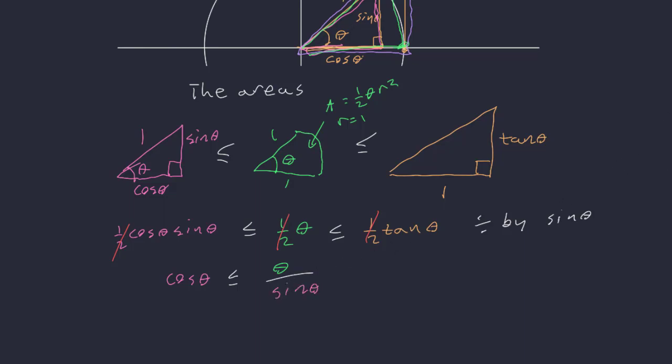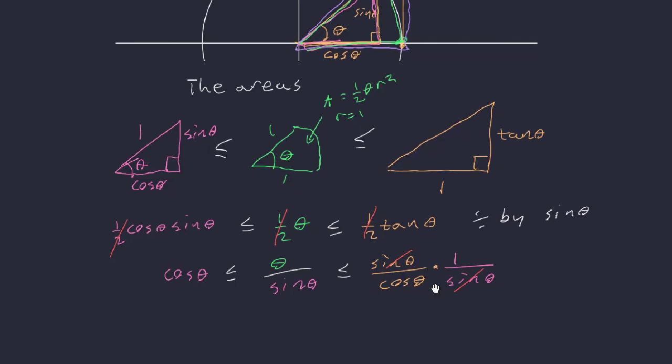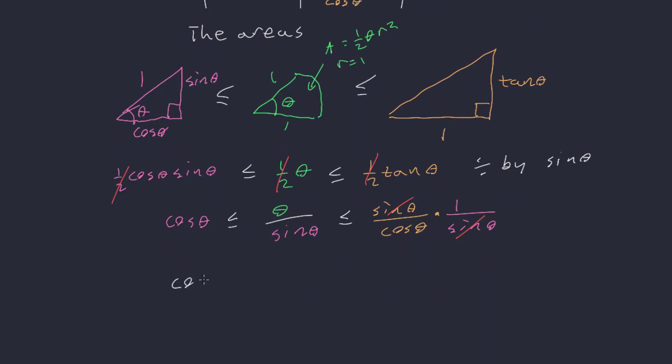And then here, tangent I'm going to rewrite as sine over cosine, so that when we divide by the sine, the sines actually cancel, and we're left with 1 over cosine. So we have cosine theta is less than or equal to theta over sine of theta, less than or equal to 1 over cosine theta.